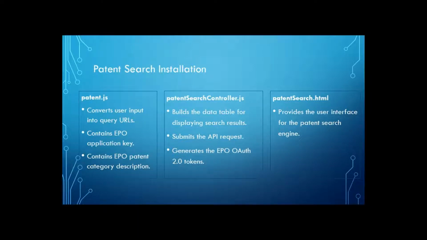It also contains the keys needed to generate OAuth 2.0 tokens for the API that queries the European Patent Office. These functions are used within the patentsearchcontroller.js file, where the data returned from each API is processed to display within an AngularJS data table. The search results are displayed within the patentsearch.html file that provides the user interface for the search engine.